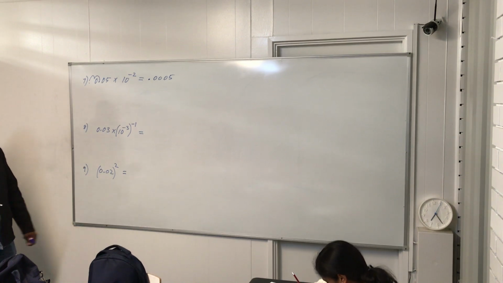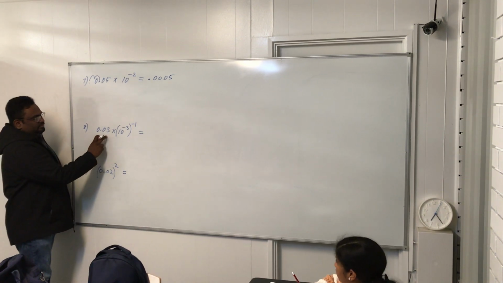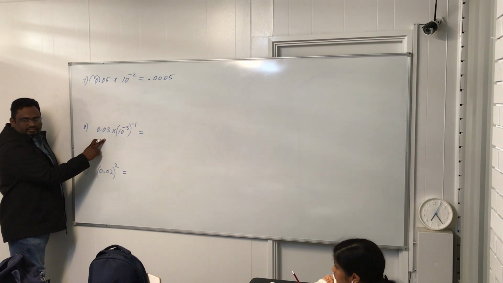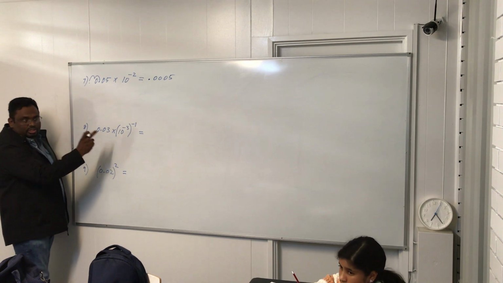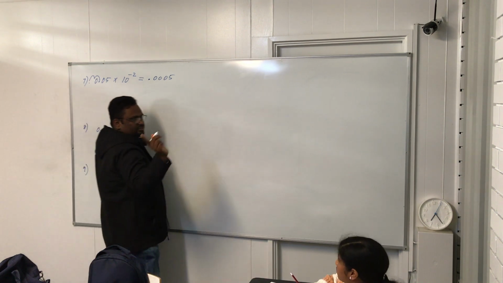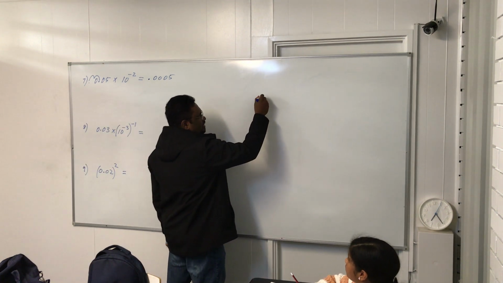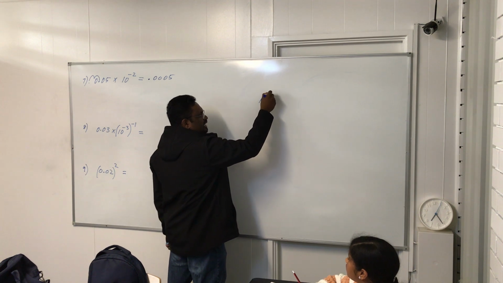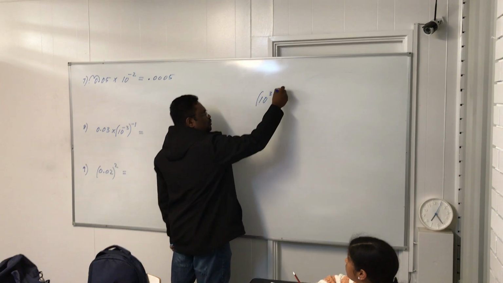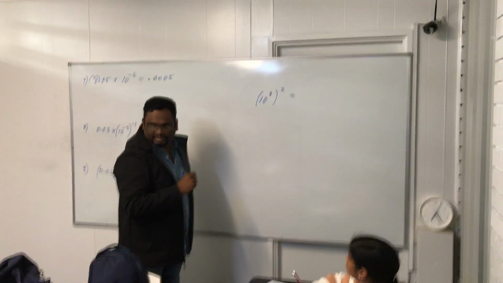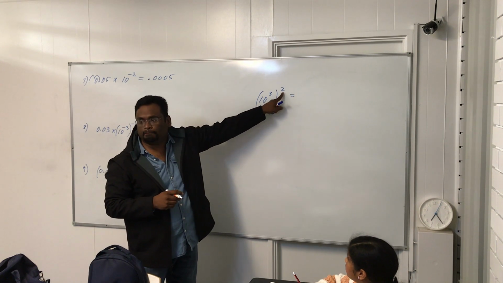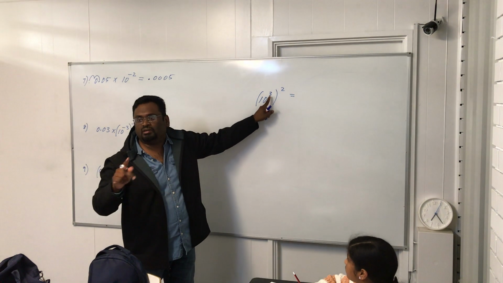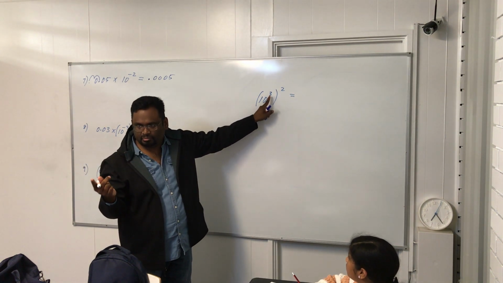Okay, so this one, how do you do this? Naveen, you missed a lesson, right? So I told them, this is a revision for other people as well. If you have 10^3 outside a bracket with power 2, what is this? Power. This is called power of a power.